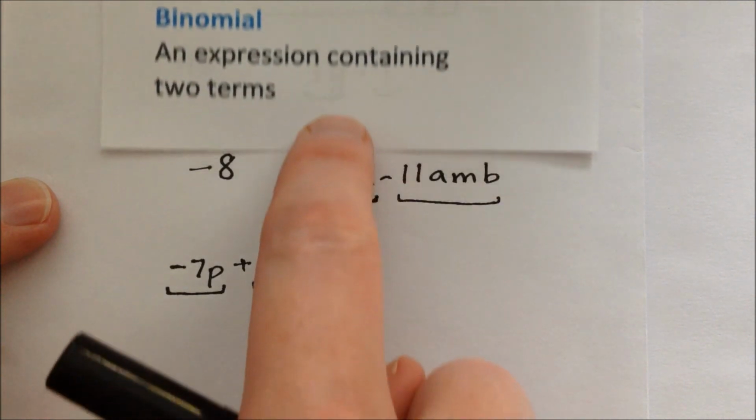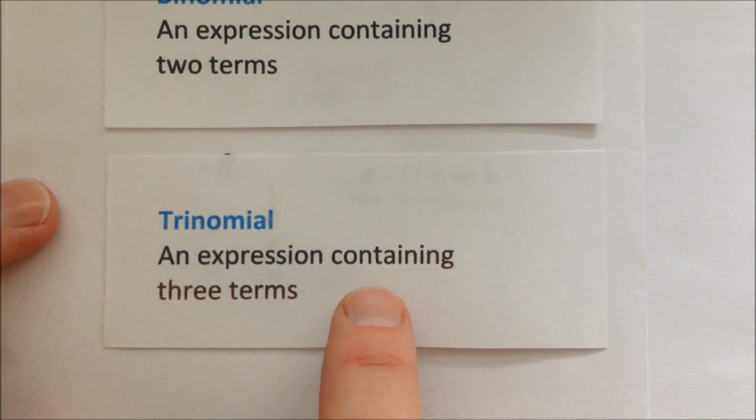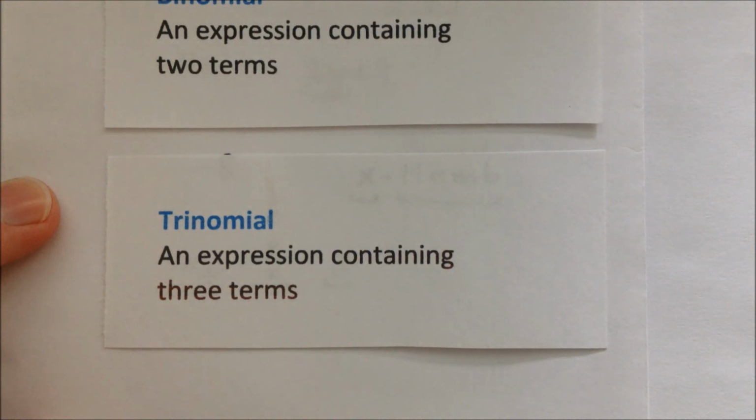Likewise, because we had mono and now bi, the next one is trinomial. And a trinomial is an expression containing three terms. And that's really where it stops. We don't have any more specialized names for things with more than 3 terms. It's just monomial, binomial, and trinomial.